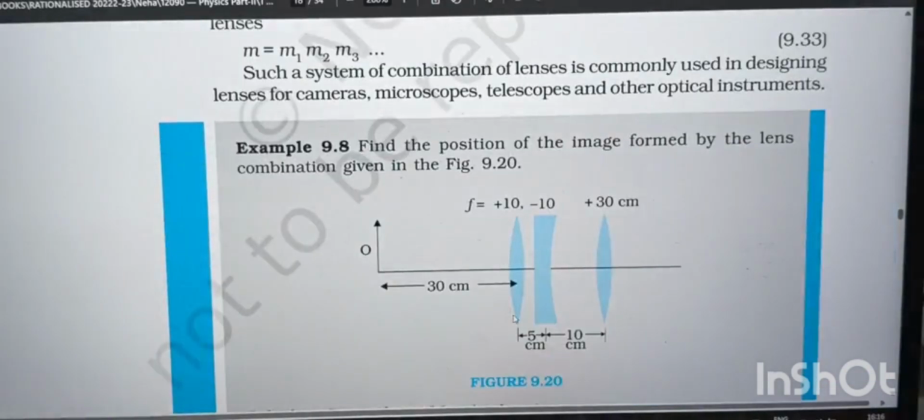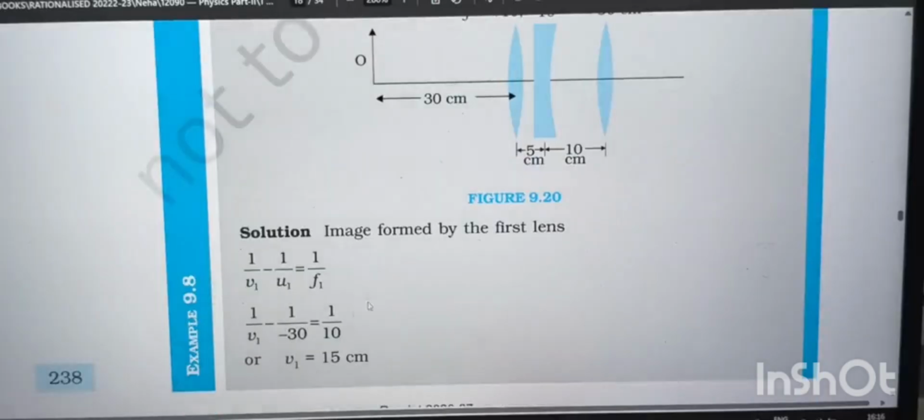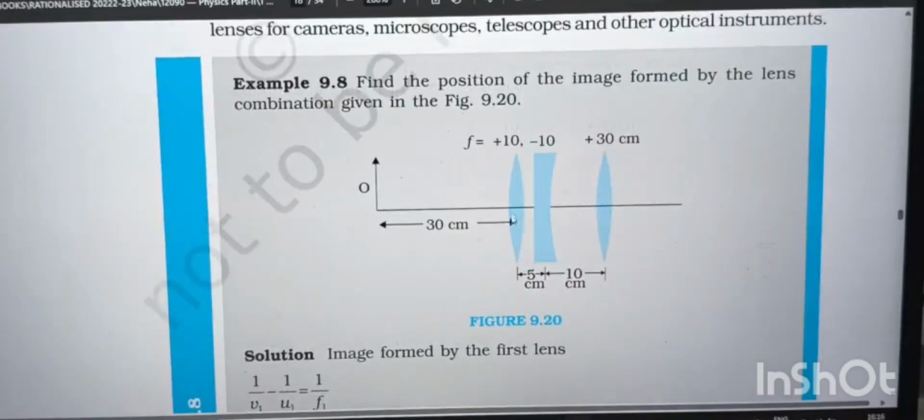Because the image formed by the first lens, suppose over here, is acting like an object, and finally the second lens forms an image somewhere over here. For getting that v1, which is 15 centimeter, we measure from the center of the first lens. Okay, that will make sense.